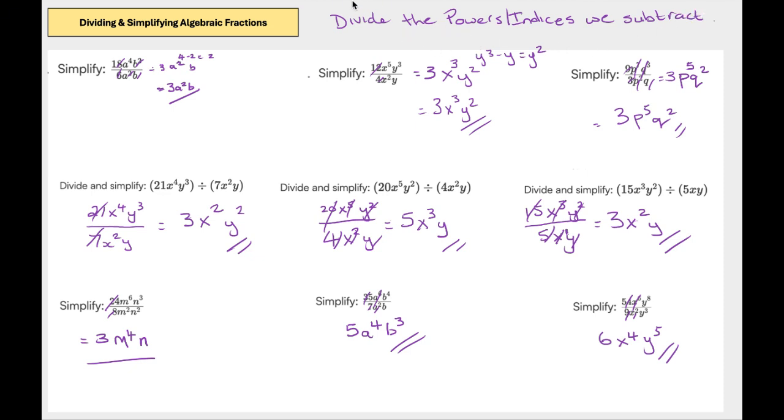You need to write that down and you need to remember that, okay? So if we have p to the power of 4 divided by p to the power of 2, that equals p to the power of 4 minus 2, p to the power of 2. Hope that helps, guys, and you're still awake. Bye-bye.